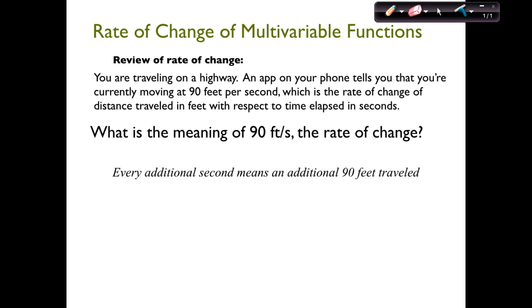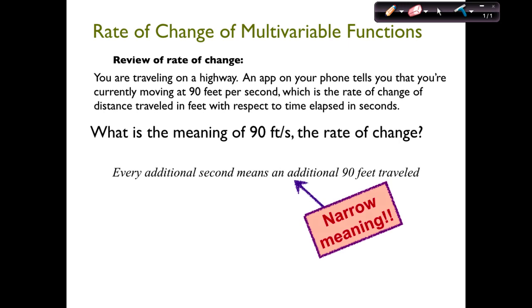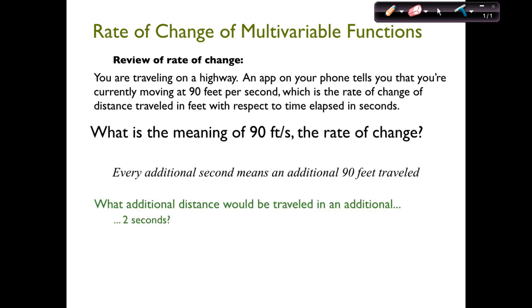It only tells you how far you go in a second. But doesn't this 90 feet per second tell you how far you go in any amount of time? So how far would you go in 2 seconds? How far would you go in half a second? How far would you go in a third? A tenth, 9 feet in a tenth of a second.